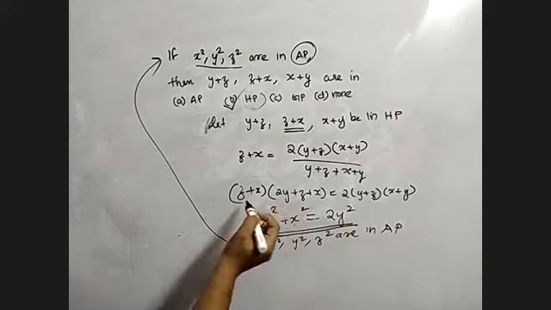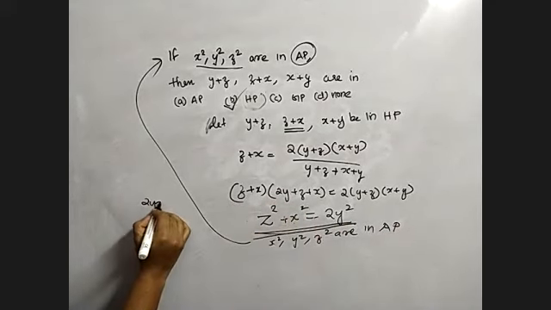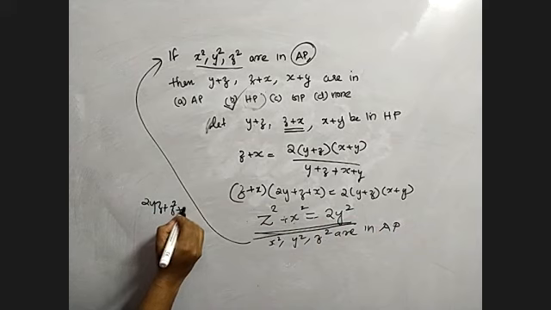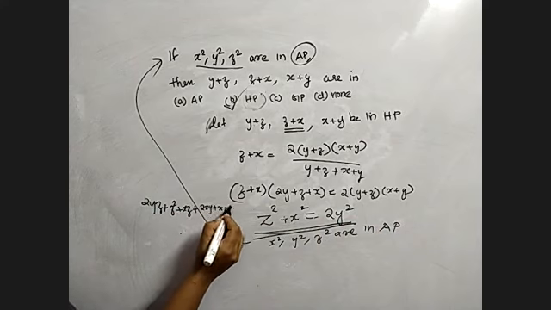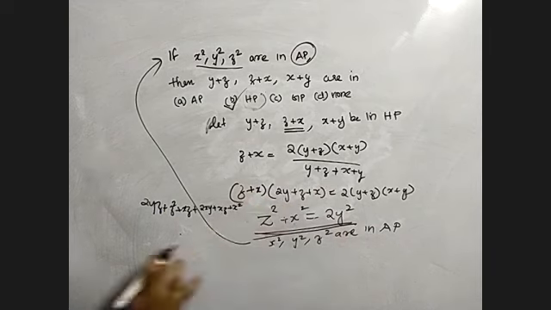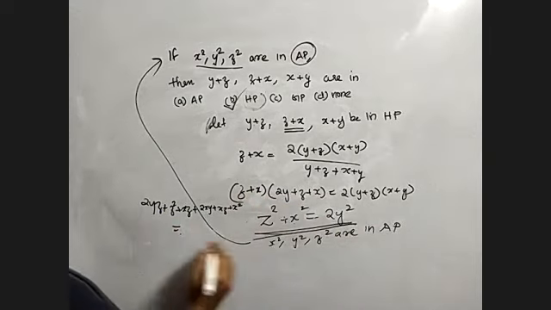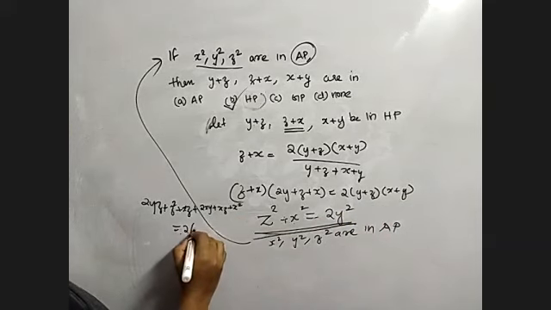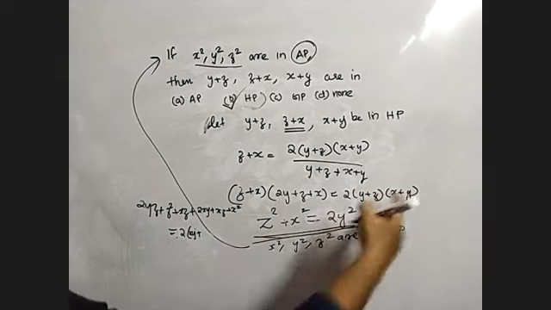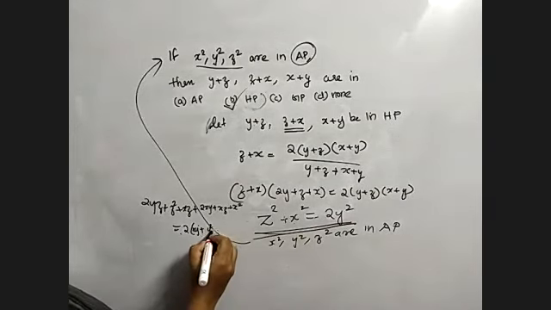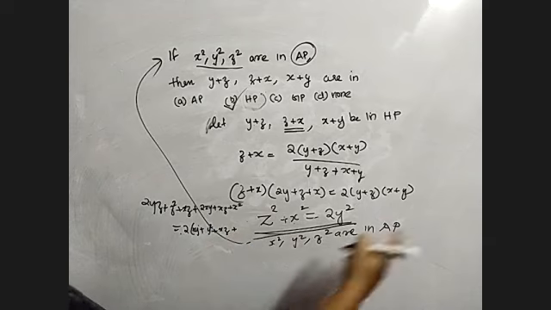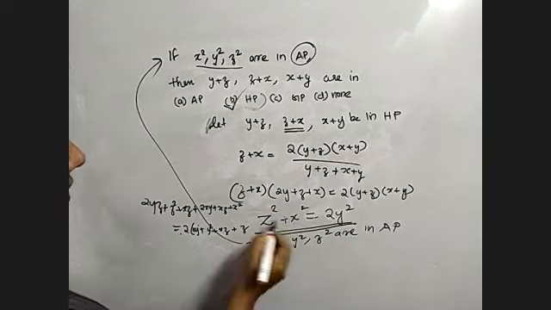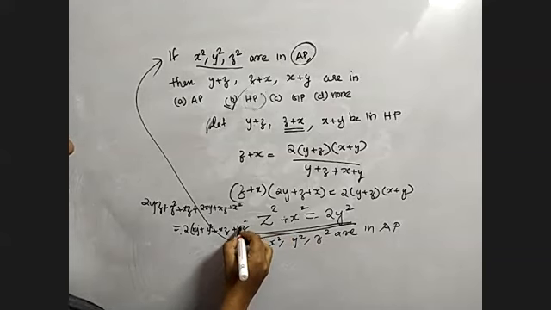Open the bracket. Multiply: 2yz plus z square plus xz plus 2xy plus xz plus x square. This side you'll get this. And on this side you'll get 2 into xy plus y square plus xz plus xz plus zy.